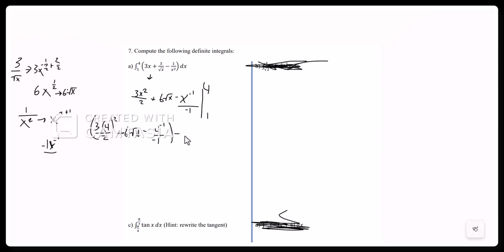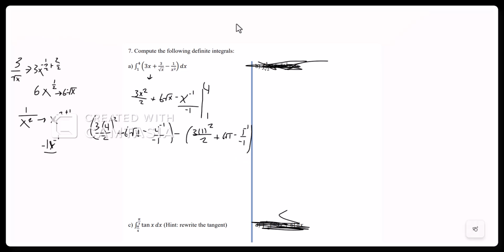Subtract the high number minus the low number. So then it's going to be 3 times 1 squared divided by 2, plus 6 square root of 1, minus 1 to the negative 1 power over negative 1.